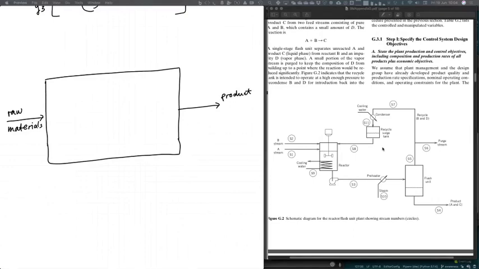Now the absolute best plant that you can design in terms of losses of material, and the best thing that you can do in terms of throughput, is known as a pipe. Right? So if you just build a pipe, you now have a machine that takes all of the raw materials, right, and just in the most straightforward way possible, delivers them on the other side of the plant.